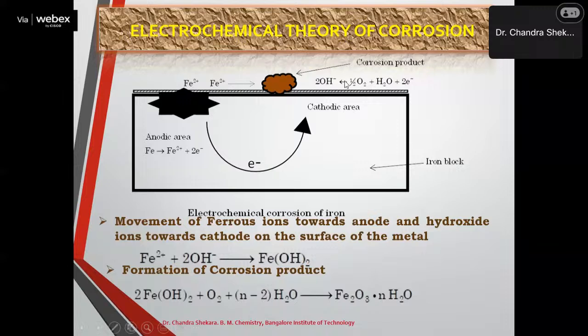The cathodic area remains unaffected. These are the few basic things you must understand in the electrochemical theory of corrosion, to know the proper mechanism of corrosion of a metallic material.